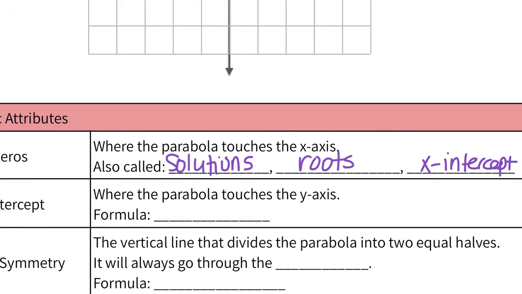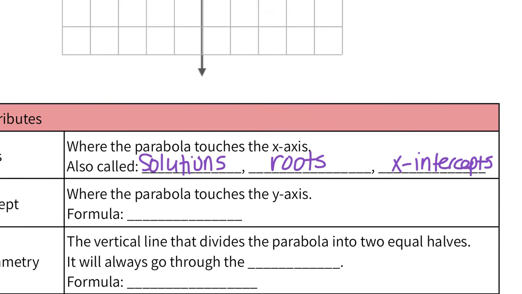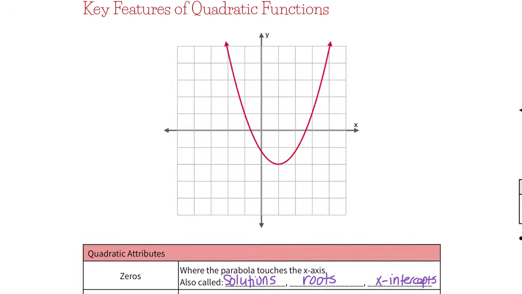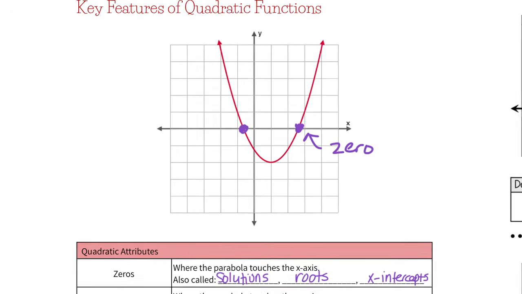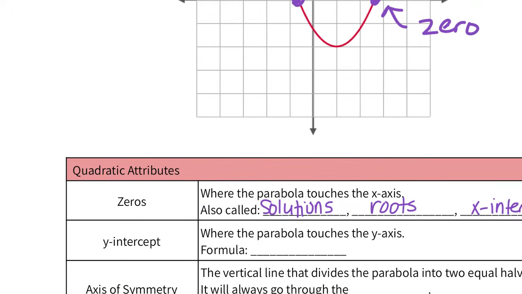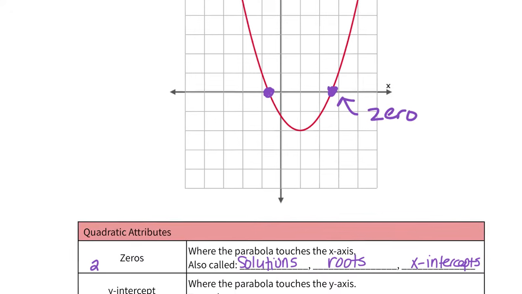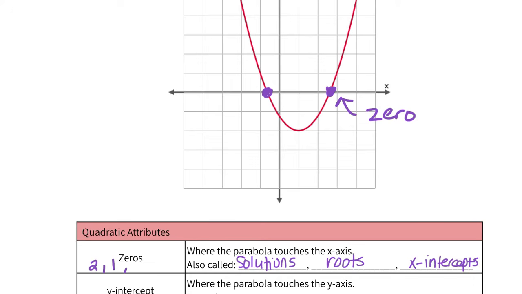All of those mean the same thing, which, if I'm looking at my graph up here, are these two spots. I'm going to label it 0 just because that's the one that's most commonly used. Also, just know that a parabola either has two zeros, like the one that's shown here, it might only have one, or it might have 0.